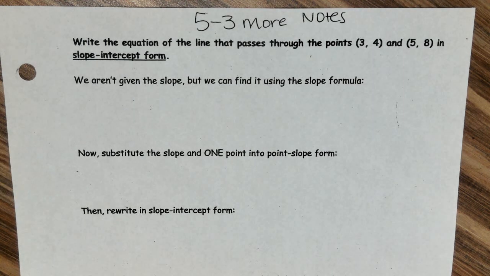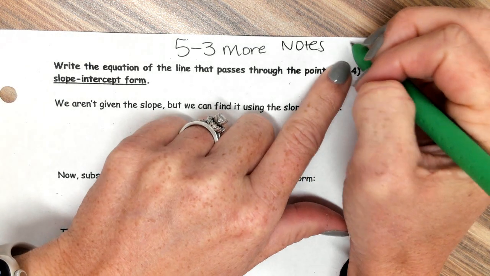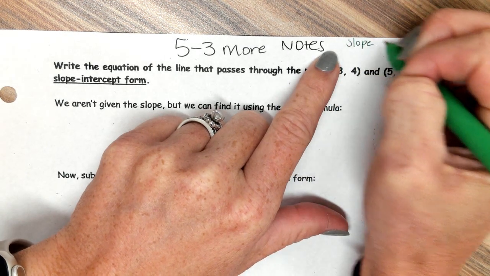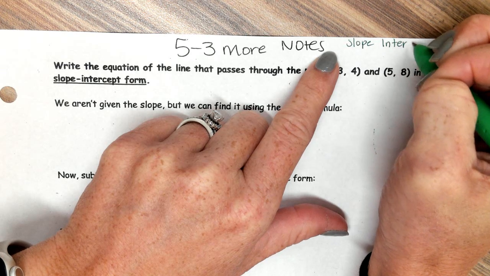Today we're just going to explore point-slope form more, and we're going to look at it with slope-intercept form. So really quickly, let's talk about slope-intercept form. So right over here, I want you to write real small, slope-intercept. What is slope-intercept form?